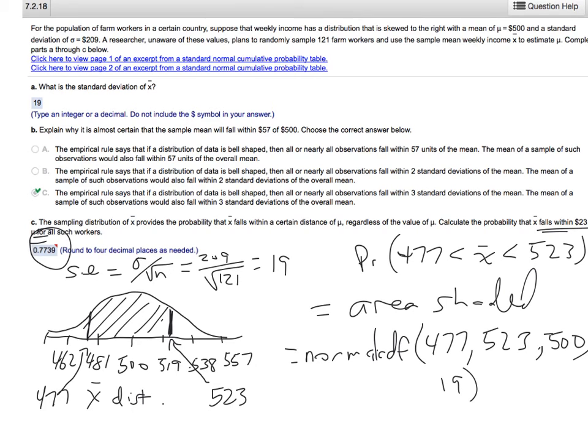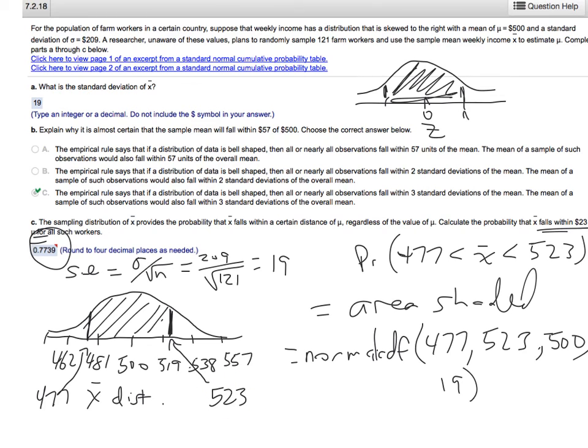If you are determined not to use a TI calculator, then your only other option is to change this picture, take this entire picture, and change it to a z-score picture. In other words, redraw it so that the center is at 0, a 0 z-score is the middle. Figure out on either side where these lines are going to be. So to find this line, I've got to find the z-score of that value.